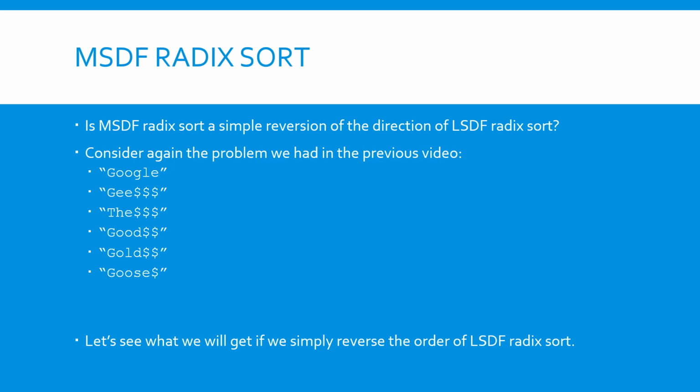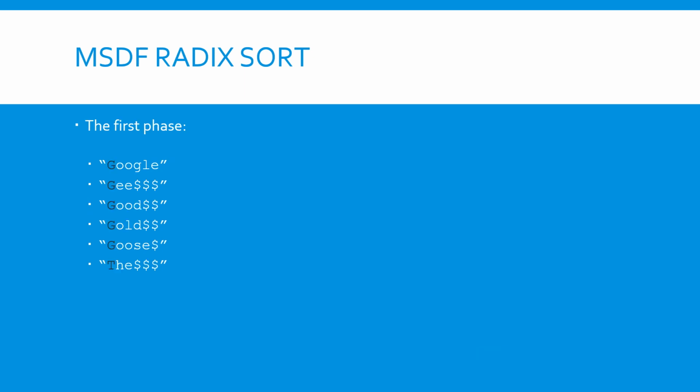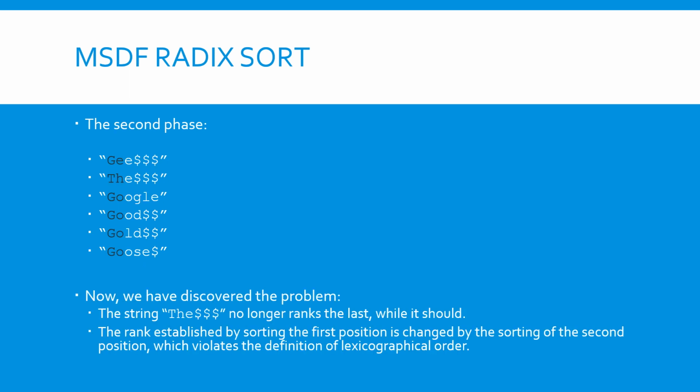If we simply reverse the order of the sorting phases, will we obtain the correct results? We will try reversing the order with the example we had in the previous video. We begin with performing bucket sort on the first position, and here is the result. Things still look right. Then we move on to the next phase.